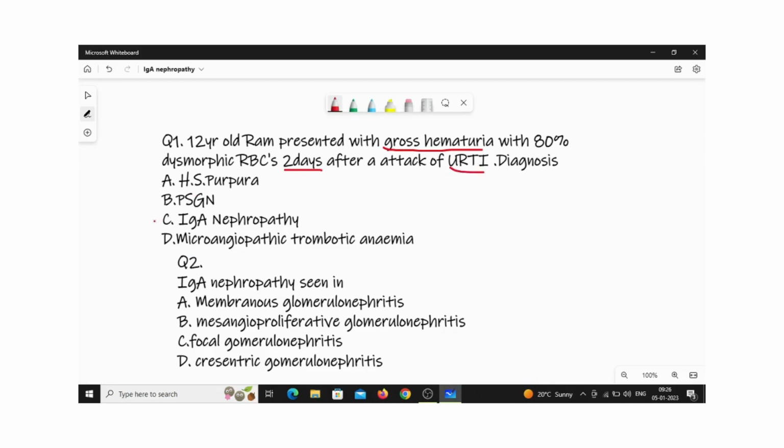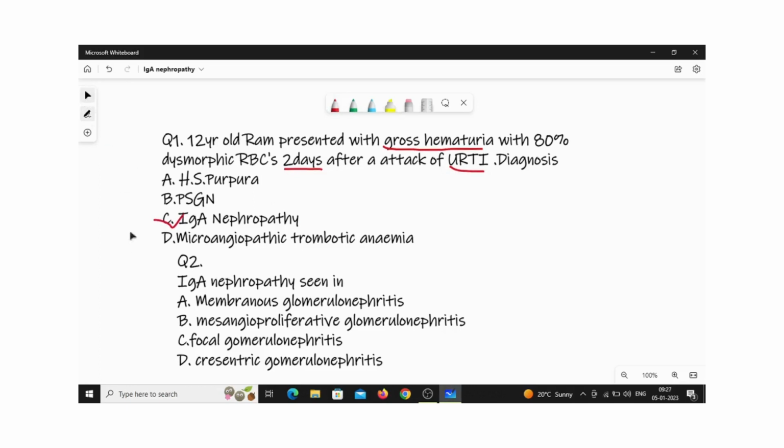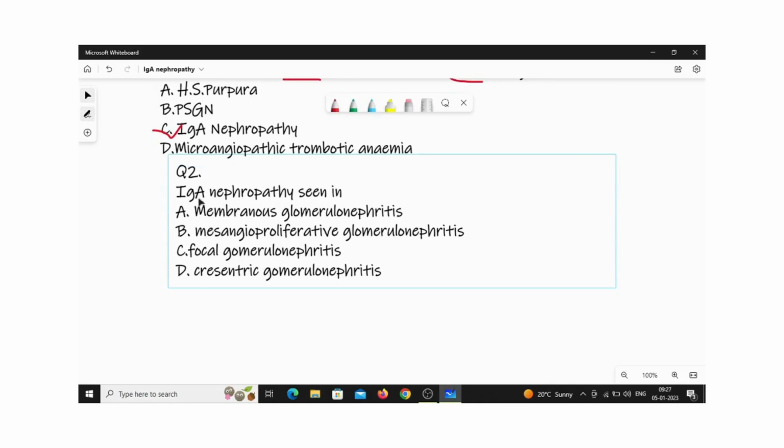The diagnosis is IgA nephropathy. The next question: IgA nephropathy is seen in which of these: membranous glomerulonephritis, mesangioproliferative glomerulonephritis, focal glomerulonephritis or crescentic glomerulonephritis? On microscopy you will see mesangioproliferative glomerulonephritis. So the answer is B.